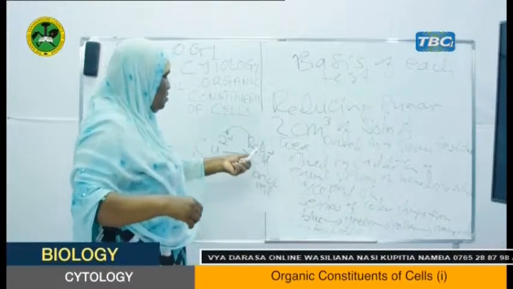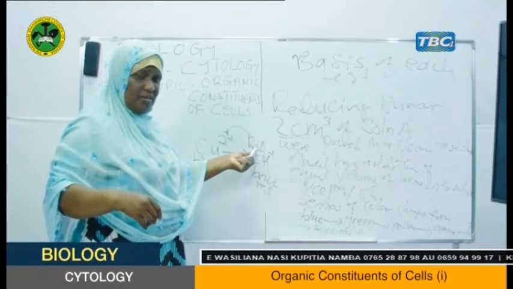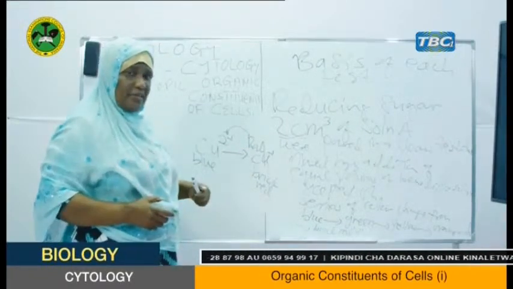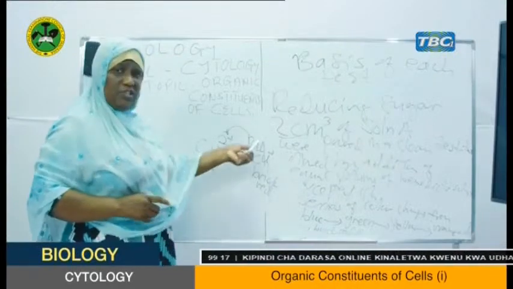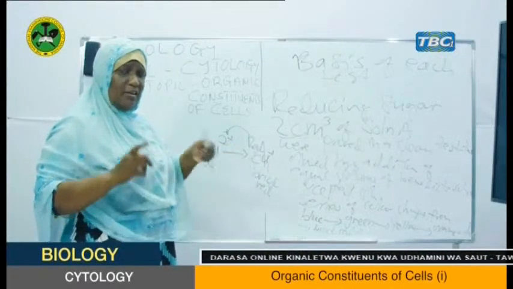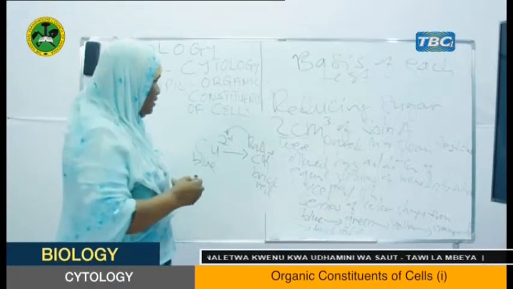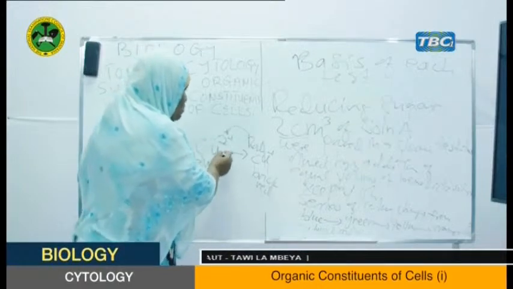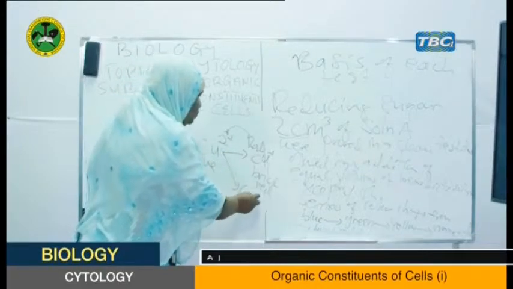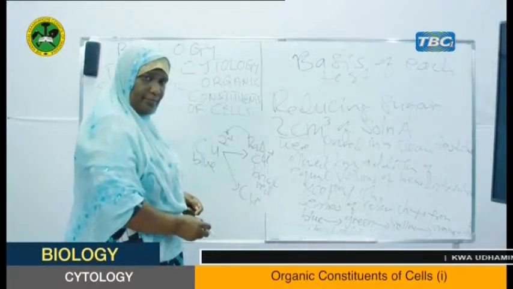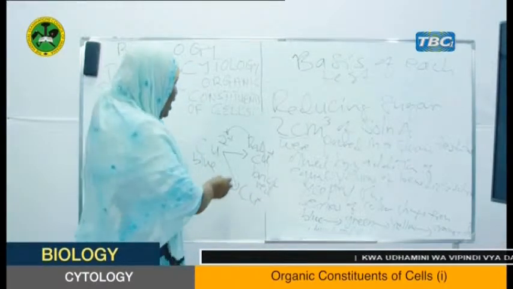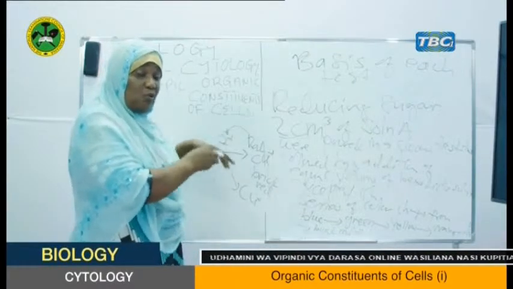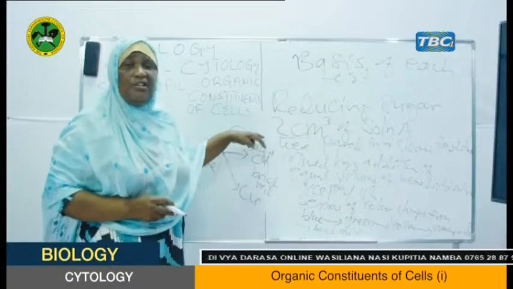You know the function of reducing sugar. Let's say you have your copper 2 ions, but you have little reducing sugar. When reducing sugar is little, it means some copper 2 ions will be reduced to copper 1 ions, and some copper 2 ions will remain in your solution without being reduced.